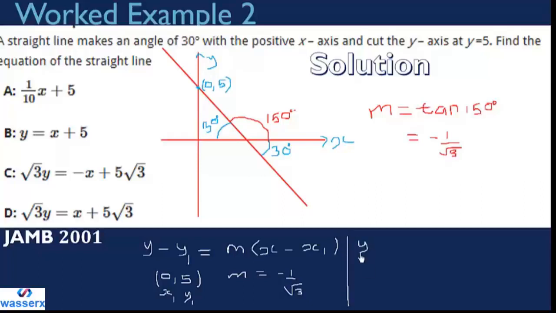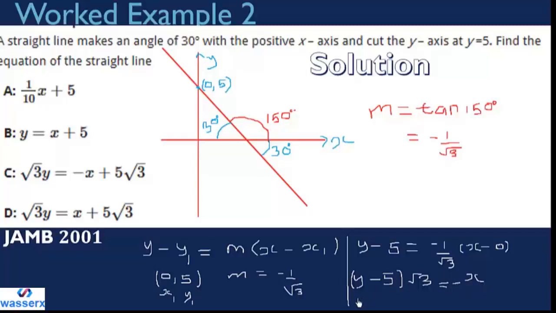So we substitute them into the formula to obtain y minus 5 is equal to negative 1 over root 3, times (x minus 0). Multiplying through by root 3, we have root 3 times (y minus 5) equal to negative 1 times x.